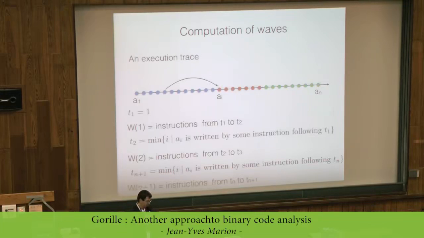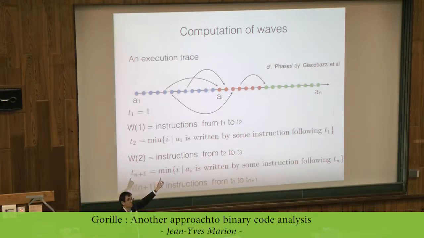And you will see that at some point, there is some instruction at the beginning on the blue part, which will write something on the red part. And then at some point in the future, again, there is a write on the red, and so on. And you will advance, and at some time, there is a node on red which will be run. That means that at some address in memory, this address has been written and then run.